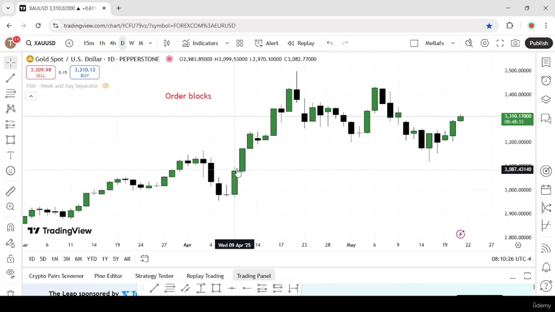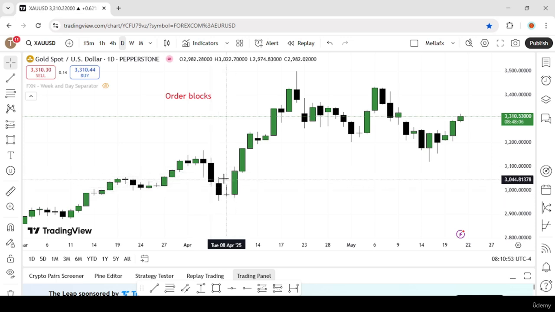So once this down close candle, the first one, was confirmed, this green up close candle traded above this down close candle. This confirmed a change in state of delivery, because now the change in state of delivery shifted from bearish to bullish, confirming.